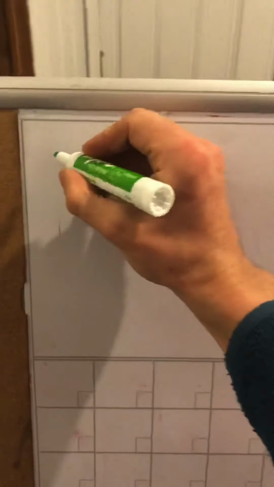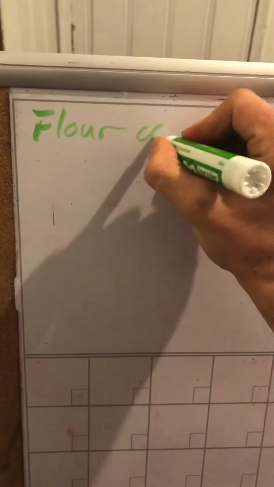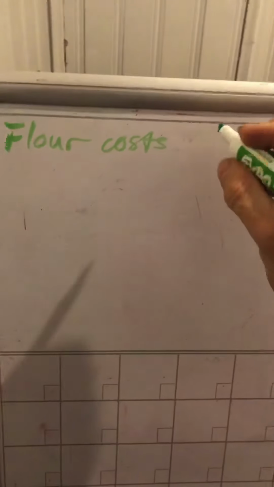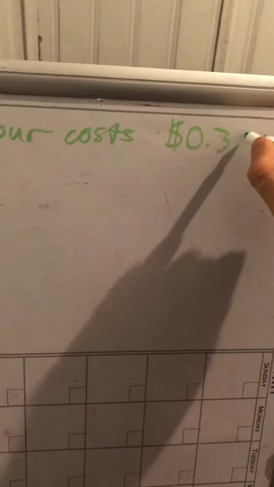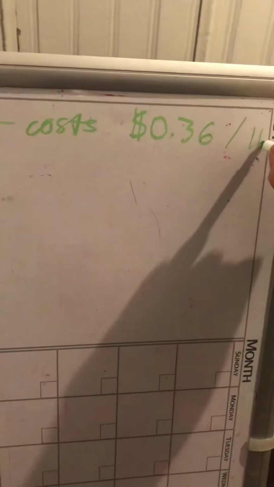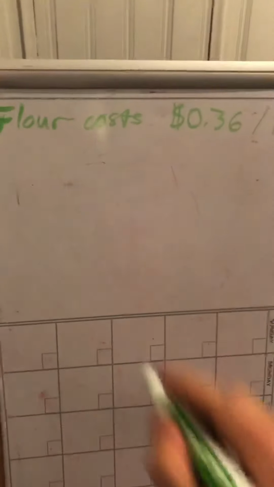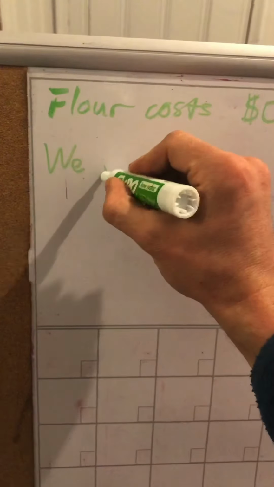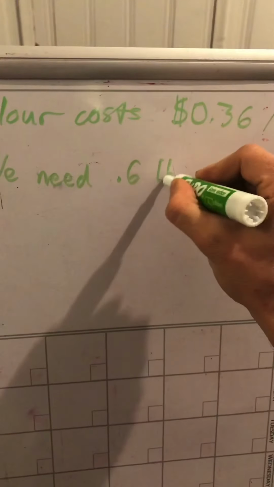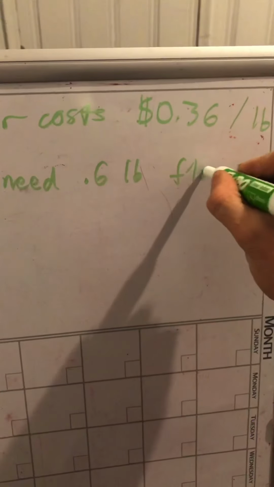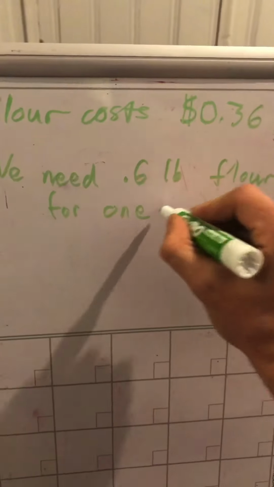With flour, for example, flour costs $0.36 per pound. LB is always our abbreviation for pound. We need 0.6 pounds of flour for one pizza.